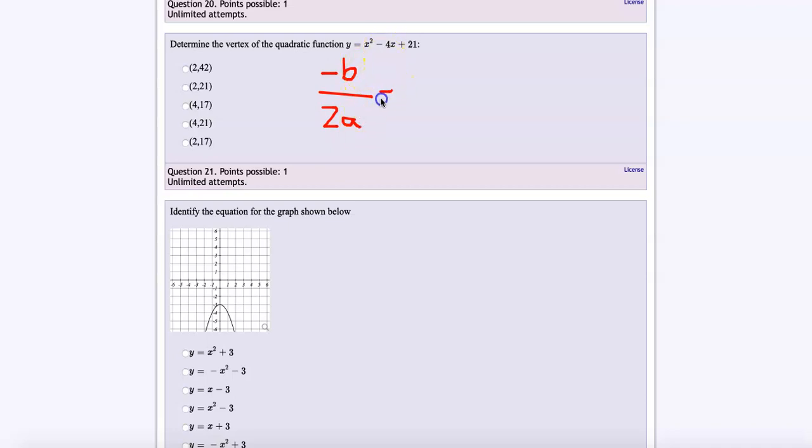So negative b would be negative negative 4, over 2 times a. Our a value is 1, and our b value is -4. So this becomes a positive 4 over 2, which means we have an x-coordinate for our vertex of 2.